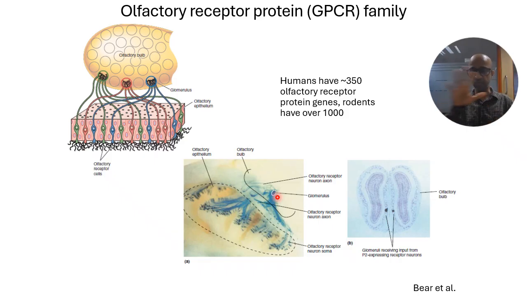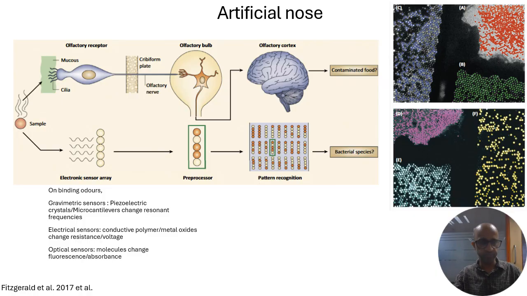So there is a mapping of odors onto different regions of your olfactory bulb, right? So different olfactory receptor genes are expressed in different olfactory receptor neurons, and those project onto different glomeruli. Therefore, different parts of the olfactory bulb are getting very different information about different odors, right? So you can use that information to distinguish between odors.